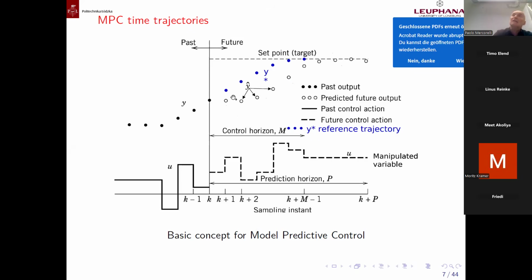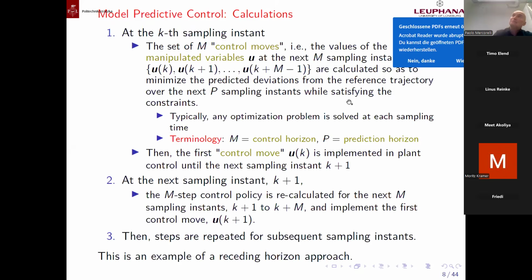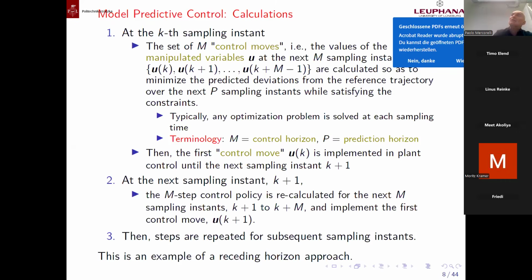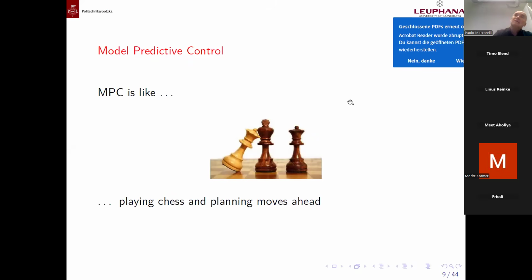We have 1, 2, 3, 4, 5, 6, assuming that here I have already 6, 7, 8, tens, let me say tens of components in this error vector for the future. Again, this empty one is the predicted output.